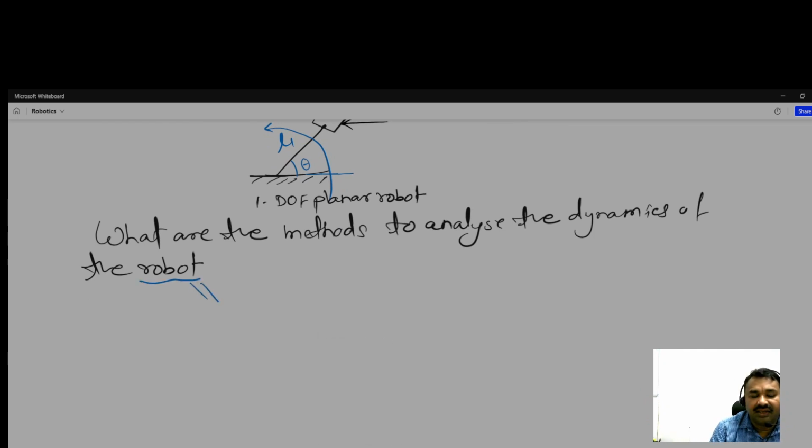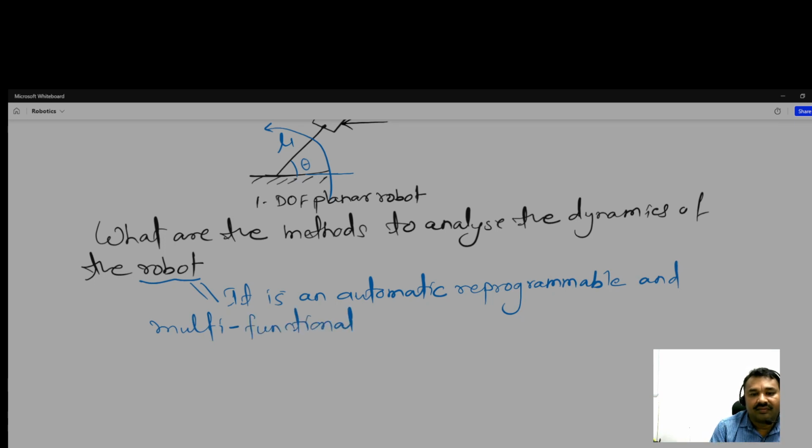In a single line, it is an automatic, reprogrammable and multifunctional machine.